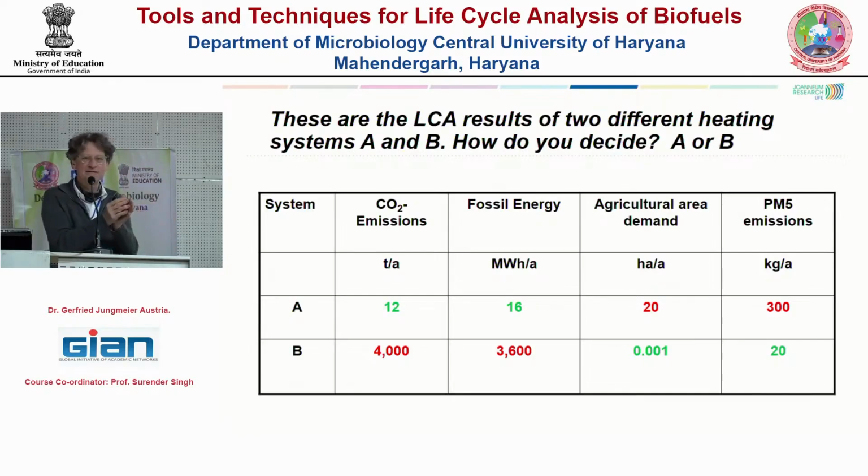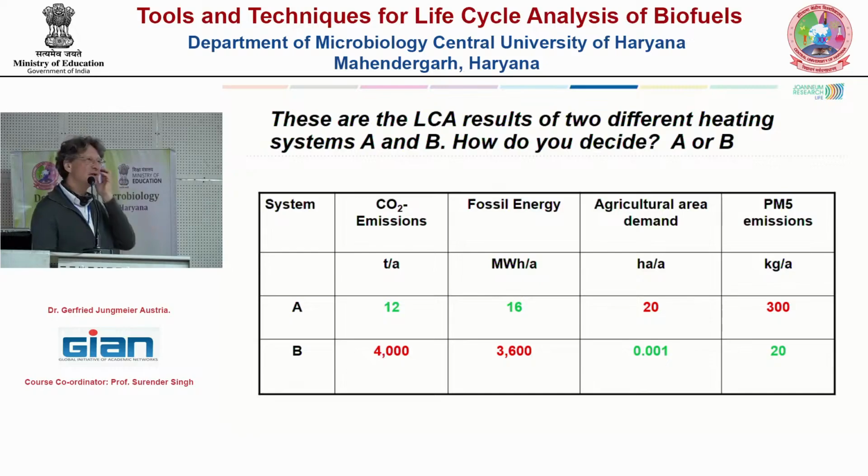It also has a social dimension, which means talking to each other and considering my specific application. If I take system A, I'm reducing greenhouse gases, but I'm increasing my particle emissions. In system B, I'm increasing my CO2 emissions, but I have lower particle emissions.